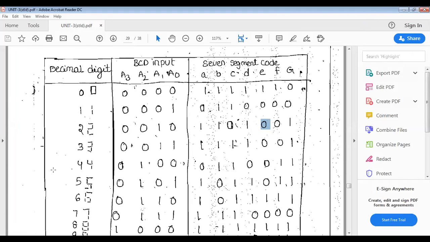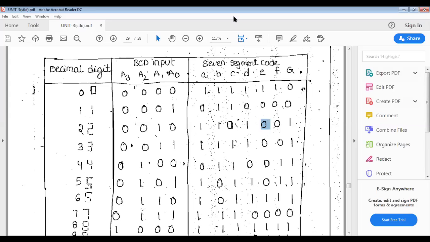And coming to 4, the decimal value, in the BCD 7-segment it is shown like this, and the BCD binary is 0, 1, 0, 0. So which ones are on and which are off? Let us see here. A is off, B and C are on, D is off, and E is off. A, D, and E are off. The remaining are all on.